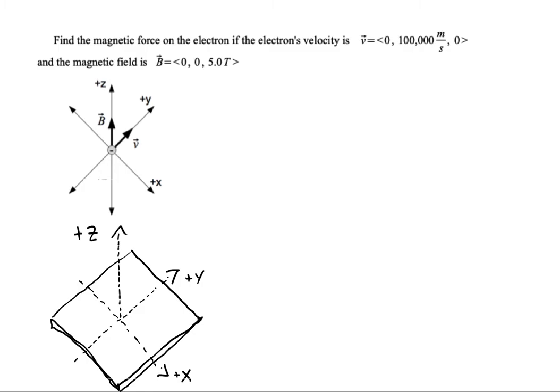The way you set it up though is using the right-hand rule. So the pointer finger is going to be the positive X direction. And then the middle finger becomes the positive Y direction.